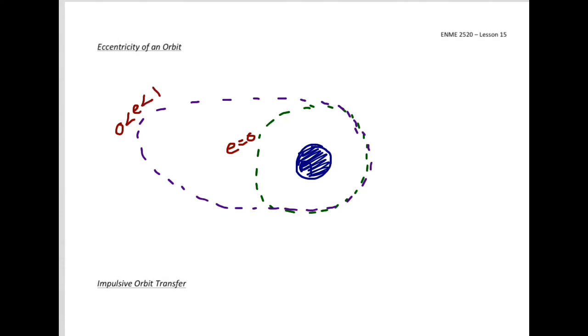Being less eccentric, more like a circle, or more eccentric, more like this elongated ellipse with a long major axis. All right, next we have a parabolic orbit, and a parabolic orbit would have an eccentricity of 1.